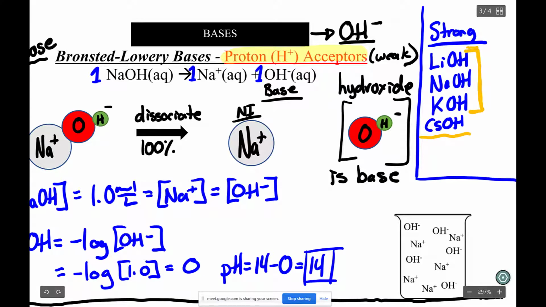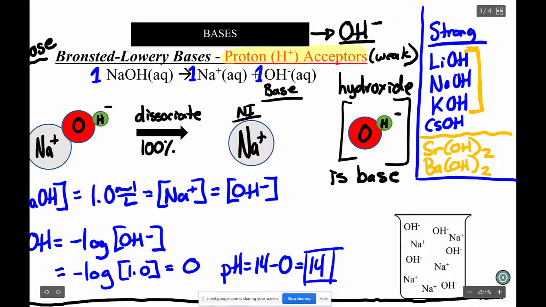Now, as a side note, when we're talking about further courses in chemistry, a lot of the times strontium hydroxide is recognized as a strong base, and barium hydroxide is recognized as a strong base.